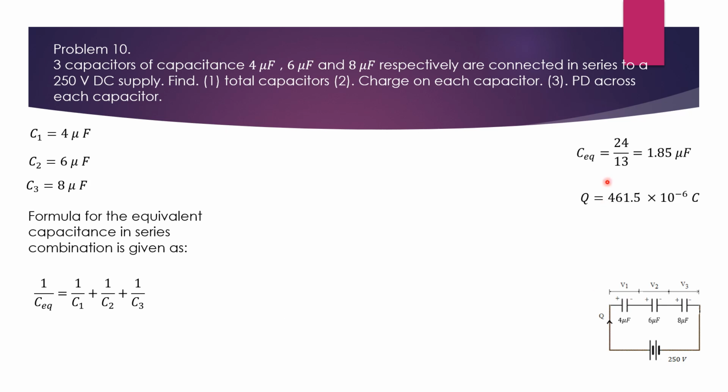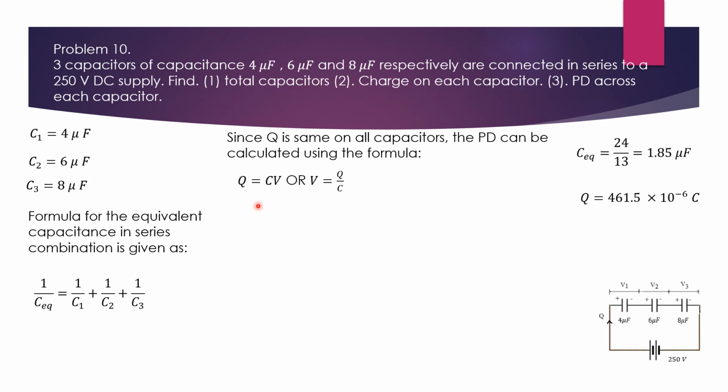Now again, these values we have calculated earlier. I am placing it here in case we need it for further use. Since Q is the same on all the capacitors, the PD can be calculated using the formula Q is equal to CV or V is equal to Q over C. So V1 will be Q over C1, placing in the values, 115.38 volts.